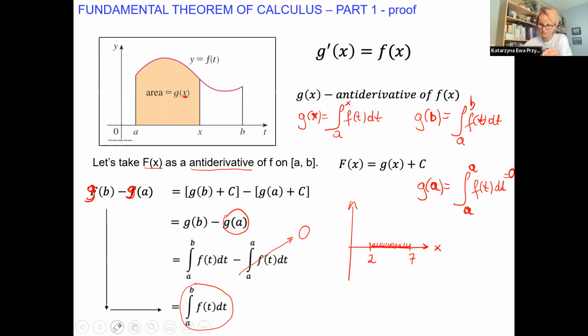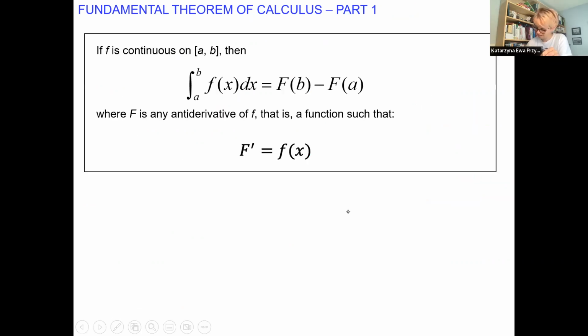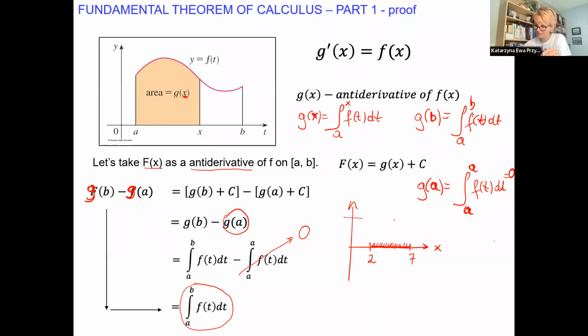If I say this is the area up to 7, we know the area, the integral antiderivative, up to 7, but then I want between 2 and 7, so I will subtract the area up to 2. We can think 7, 2, we're subtracting.